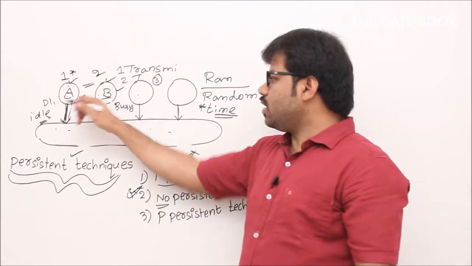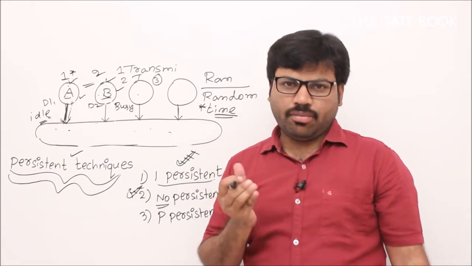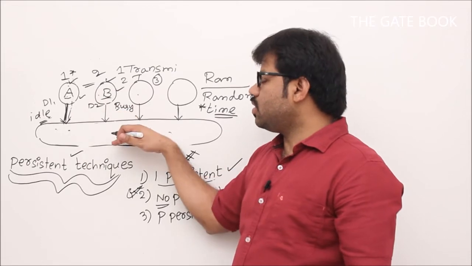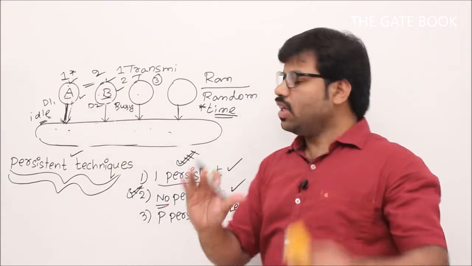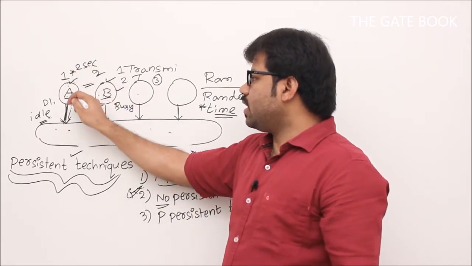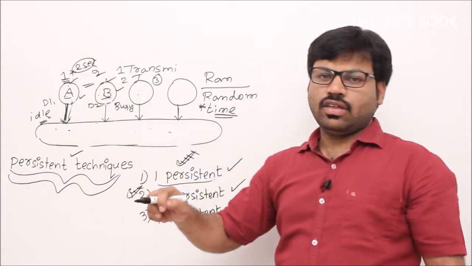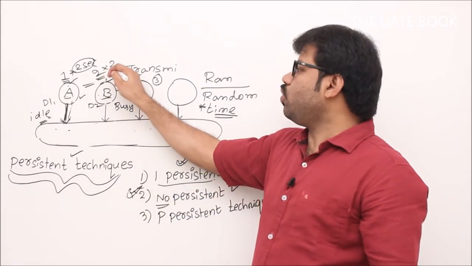Assume these stations have some rough idea of the average frame transmission time. Let's say every station is sending fixed size frames and the frame transmission time is 2 seconds. Then if station A generates random number 1, it will wait for 2 seconds. If B generates random number 2, then it will wait for 2 times 2 seconds.